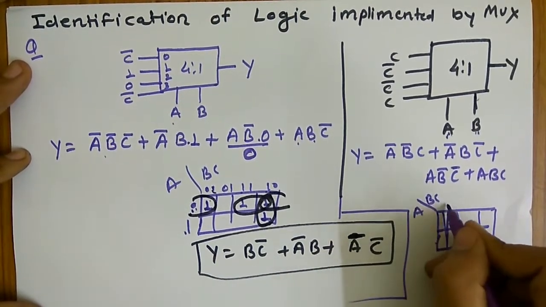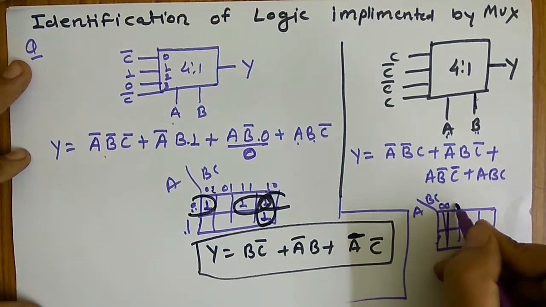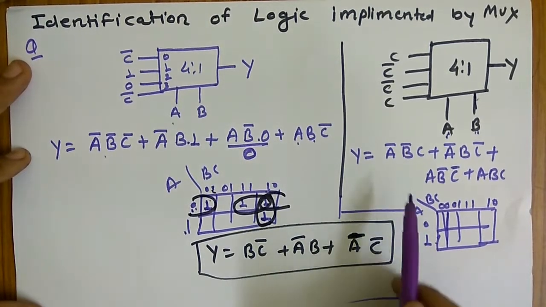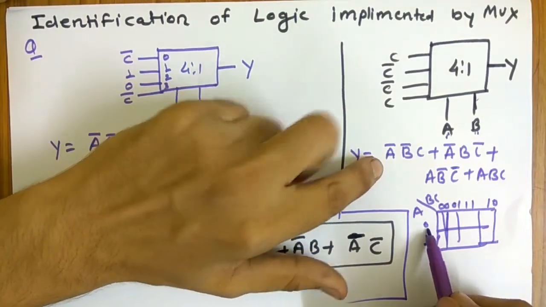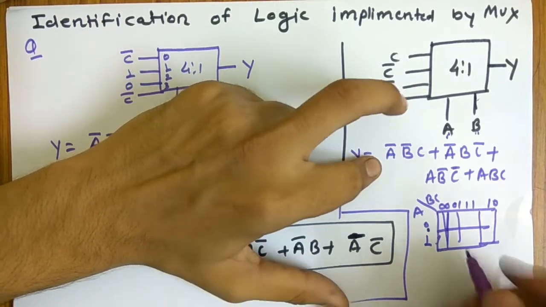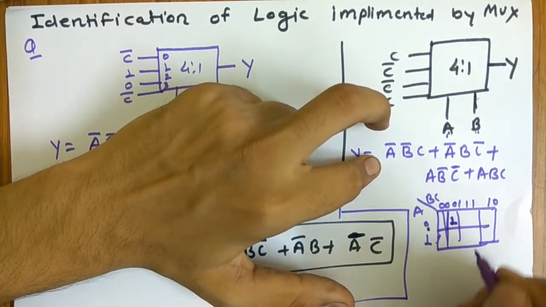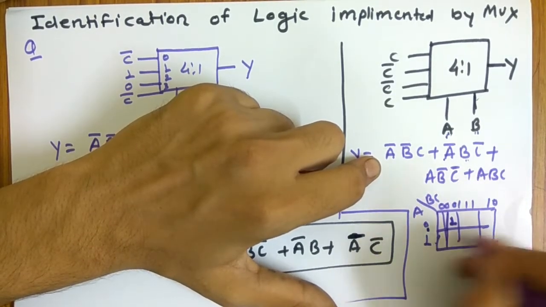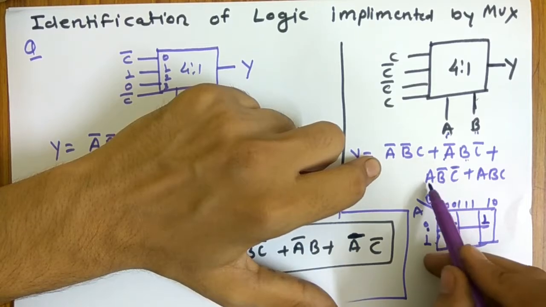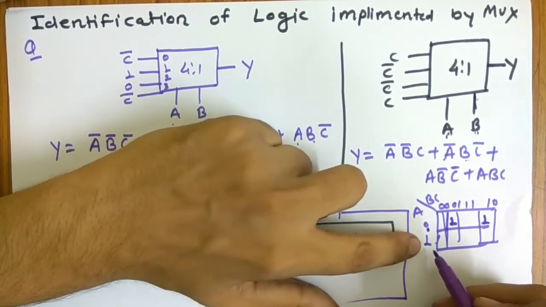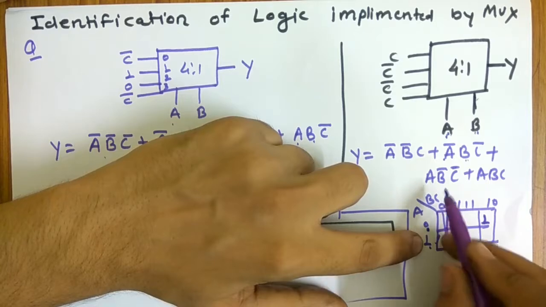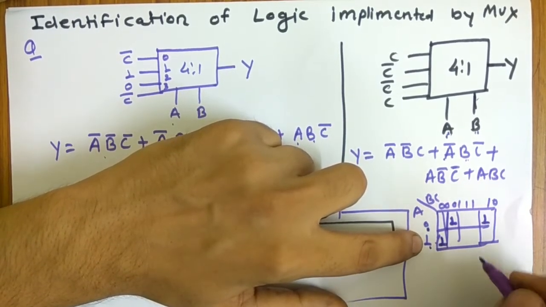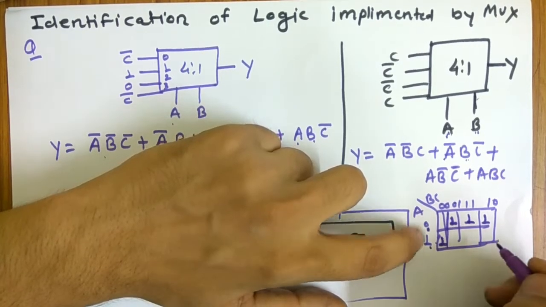This is a b c, 0 0 0 1 1 1 1 0 0 1. So for a bar means 0, and b bar c means this one, and a bar b c bar, and for this one a b bar c bar, and for this one a b c means this one.